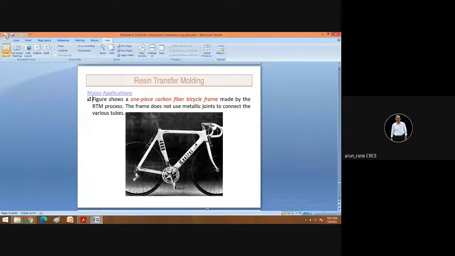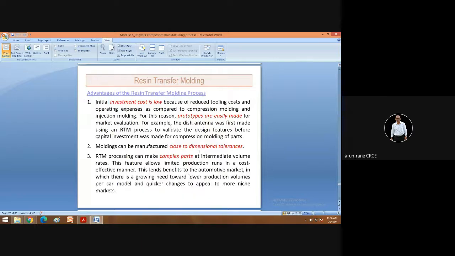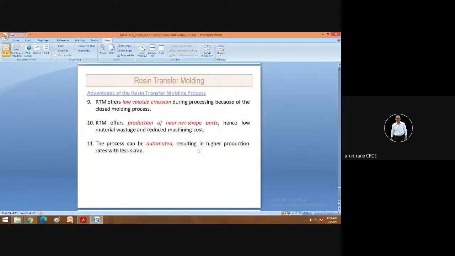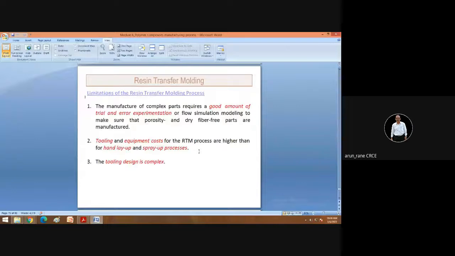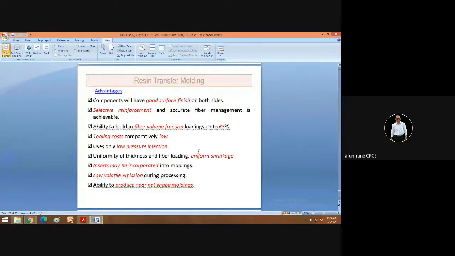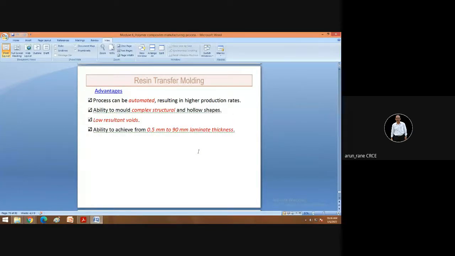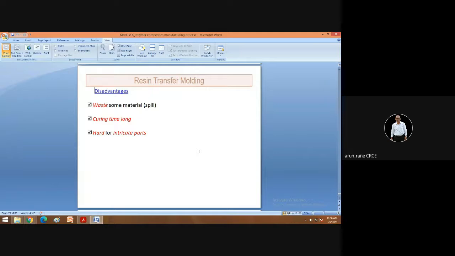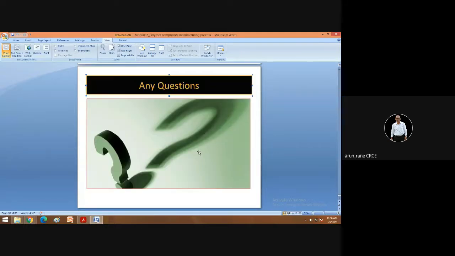Bicycle parts, frame, done by RTM process, that is resin transfer molding. It is not fast, that is the limitation. RTM is not fast. You need to take a lot of trials.